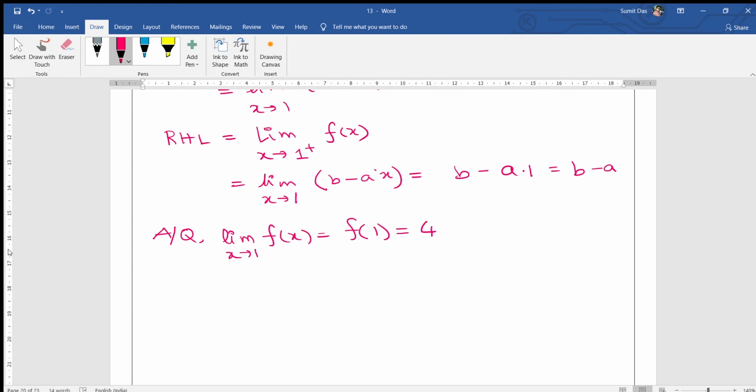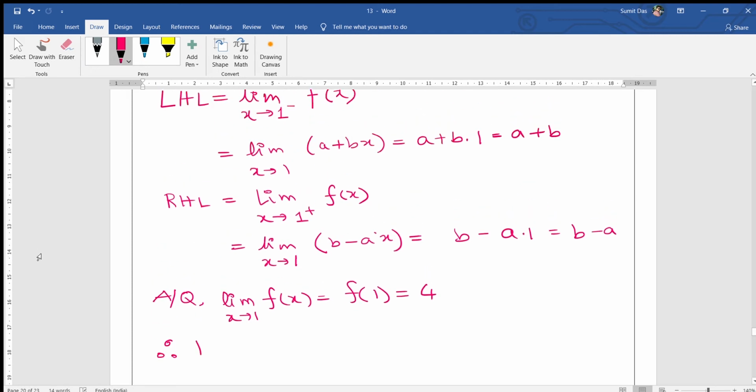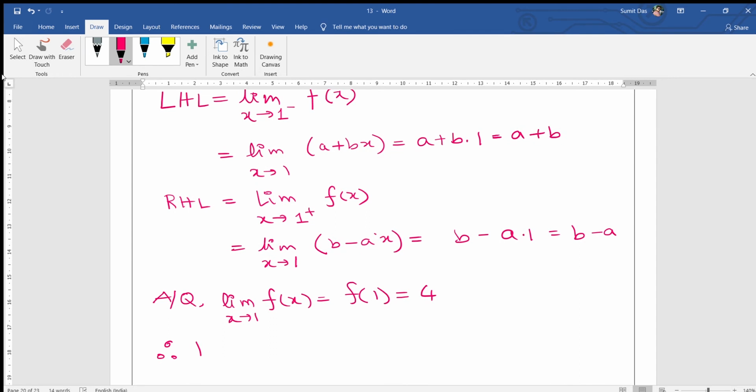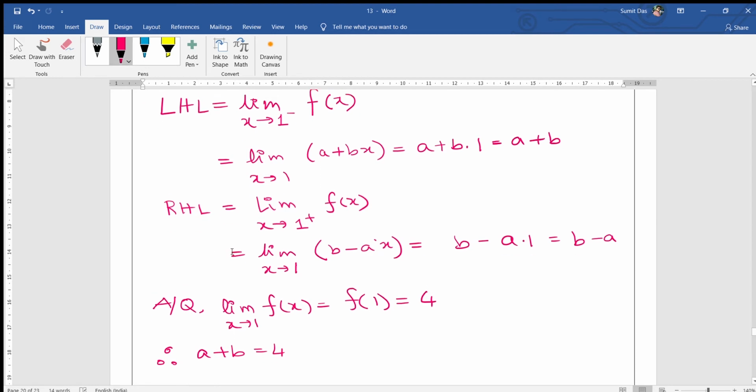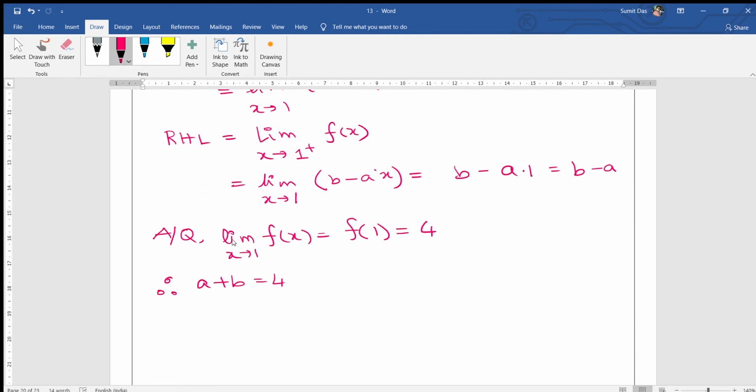Therefore, we will have two equations. One will be a plus b equal to 4. Mark this as equation 1. Another one will be b minus a equal to 4.